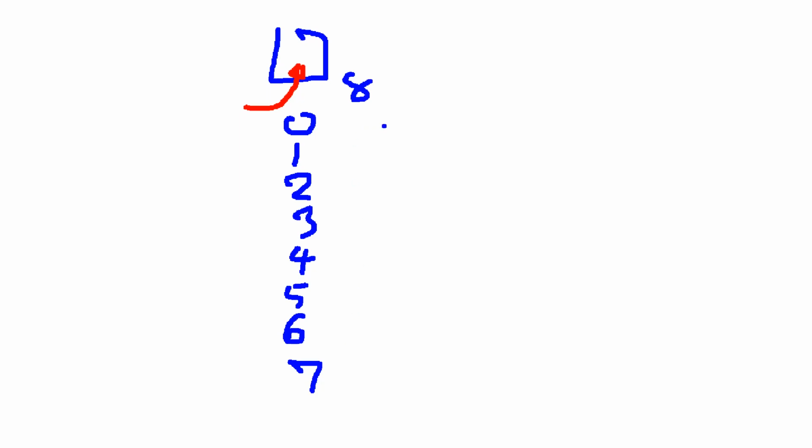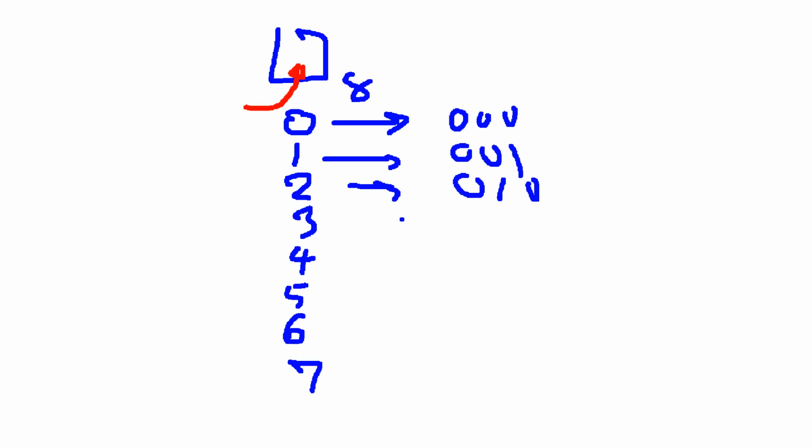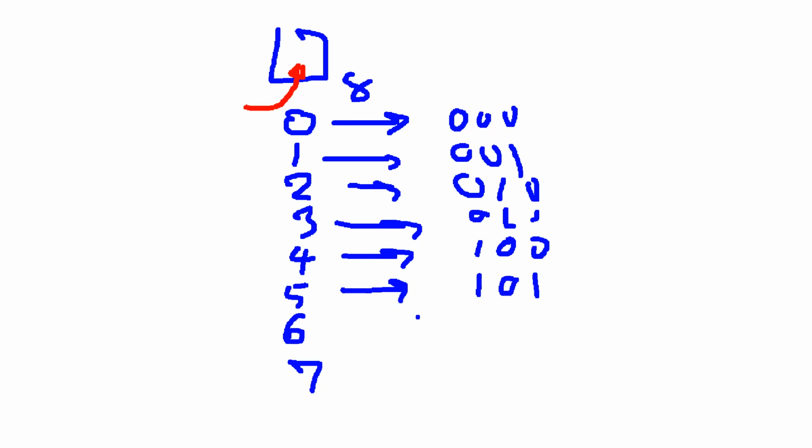If you compare the binary numbers for these values, you can write 0 as 000, 1 as 001, 2 as 010, 3 as 011, 4 as 100, 5 as 101, 6 as 110, and 7 as 111.